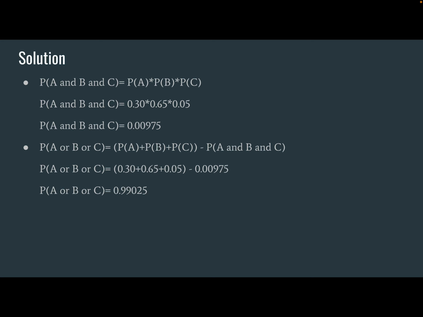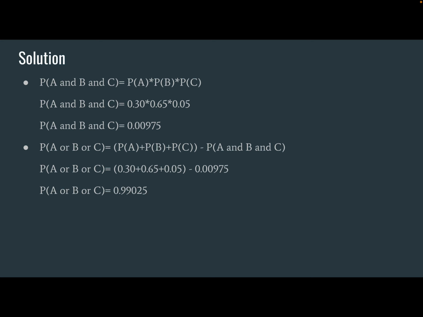So this will look something like probability of A and B and C equals probability of A times probability of B times probability of C. Probability of A is 0.3, probability of B is 0.65, and probability of C is 0.05. You just multiply all three together. That gives you 0.00975. This is the answer for the first part.